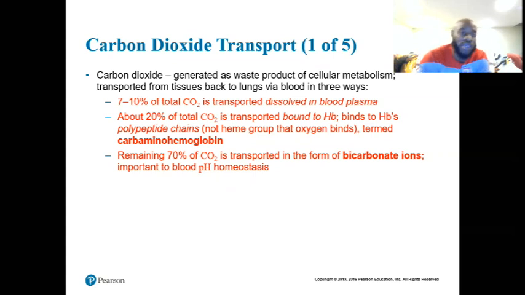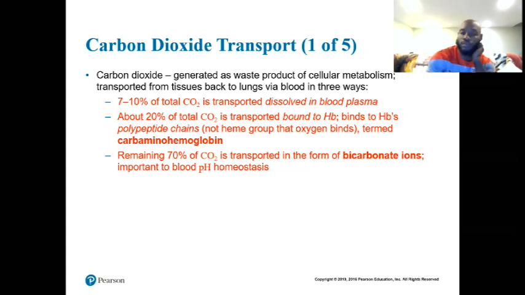It binds to hemoglobin's peptide chains, not the same heme group that oxygen binds to. So it binds to a different location than the oxygen. So it's called carbaminohemoglobin. So 7 to 10% in your plasma, 20% bound to your hemoglobin, but the remaining 70% is transported in what we call bicarbonate ions.